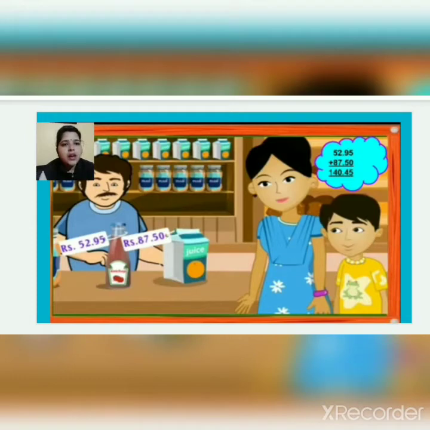And the container of juice costs rupees 87.50, right? So you can see that decimals play an important role in our day-to-day life for calculation. If you go to any shop and purchase something for a price with a decimal point, you need to know how to calculate that amount.